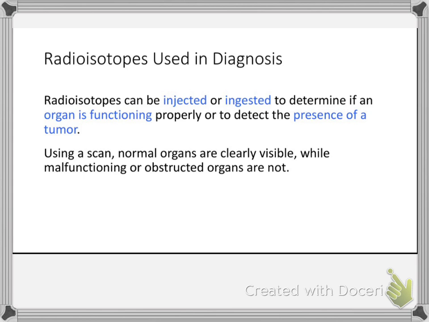It is pretty cool, and in your textbook, they do have some images that were taken using radioisotopes. So it's worth looking into. I'm not going to ask you about any of those tests. Just know that sometimes we can ingest or inject these radioisotopes to image our organs.